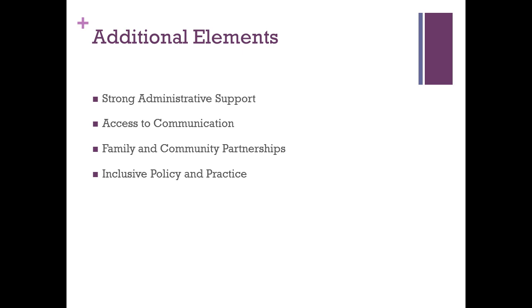We want to make sure that students all have access to communication in whatever way they need it, including access to alternative and augmentative communication. The third is family and community partnerships. There's a significant amount of research that suggests that family and community partnerships are essential in sustaining inclusive schools.